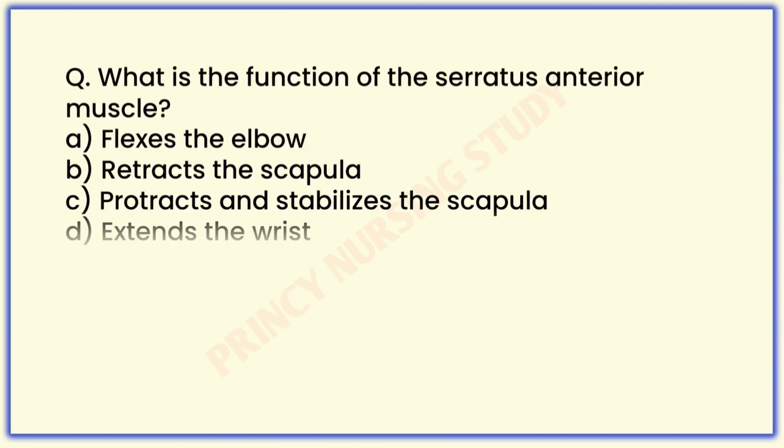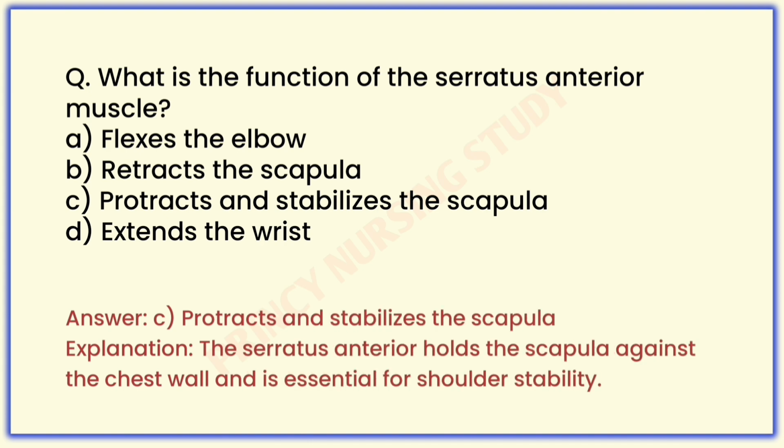Next question. What is the function of the serratus anterior muscle? Correct answer is C. Protects and stabilizes the scapula. The serratus anterior holds the scapula against the chest wall and is essential for shoulder stability.